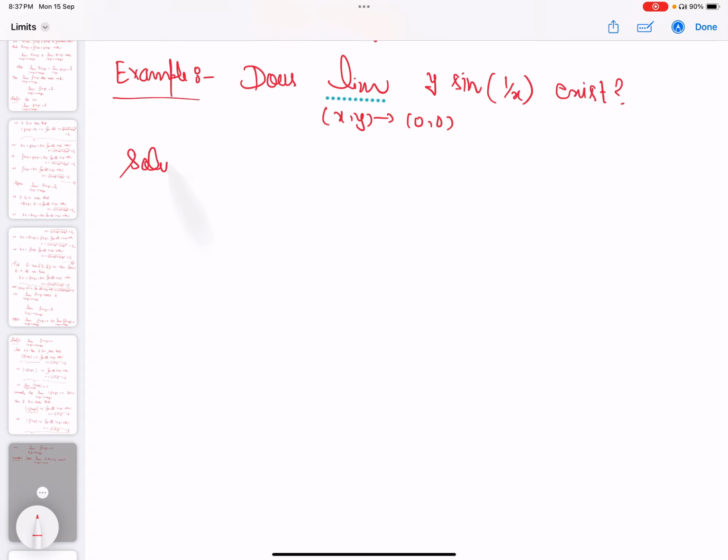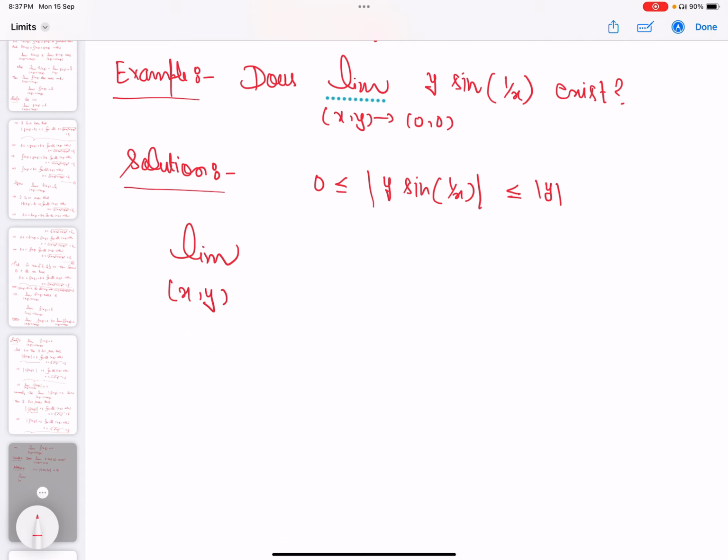Solution: we know that this happens. Now you see that the limit as (x,y) tends to (0,0).